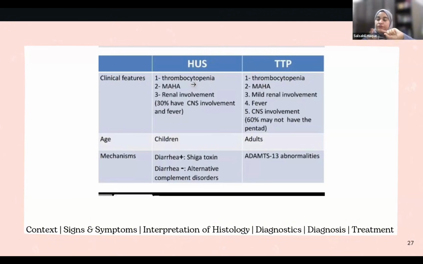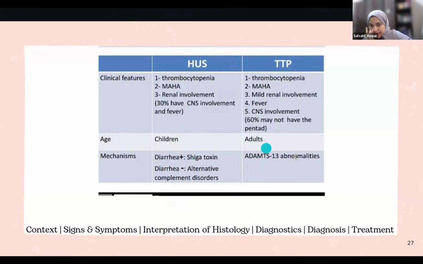So FAT: fever, anemia, thrombocytopenia, right now. Renal involvement, now, but it's only for TTP, it's neurological symptoms. Hemolytic uremic syndrome usually affects children. This usually affects the adults. Here you can have diarrhea. There can be other causes, but most commonly it's by Shiga toxin by EHEC.